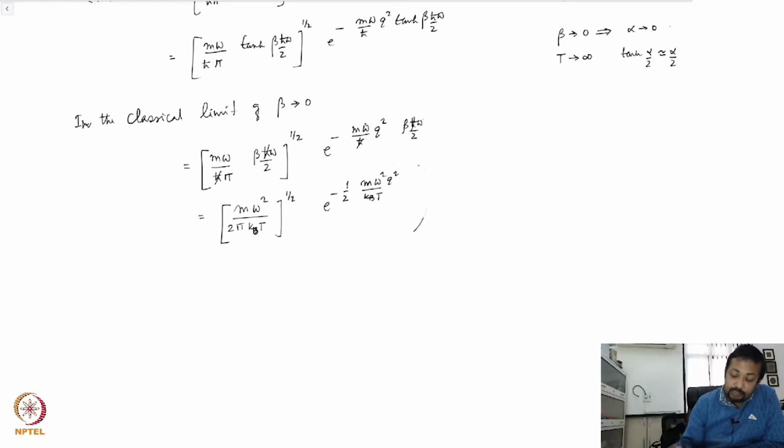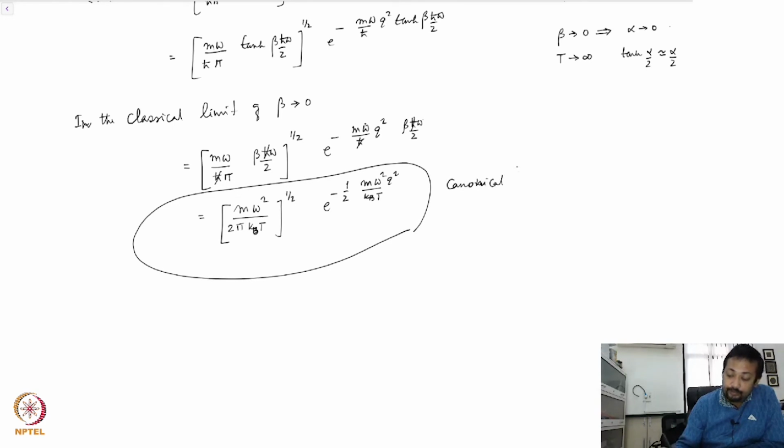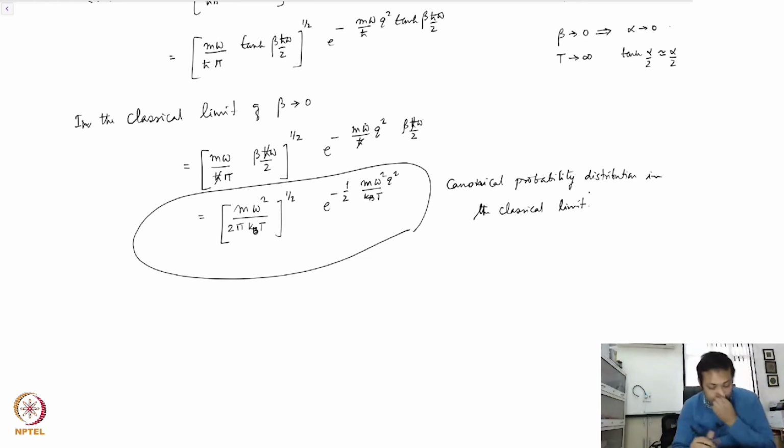So you see this result is exactly the canonical probability distribution in the classical limit. So in fact we have come up with the correct expression, and this corresponds to rho of Q.